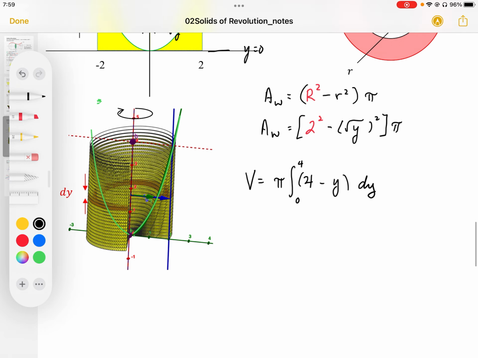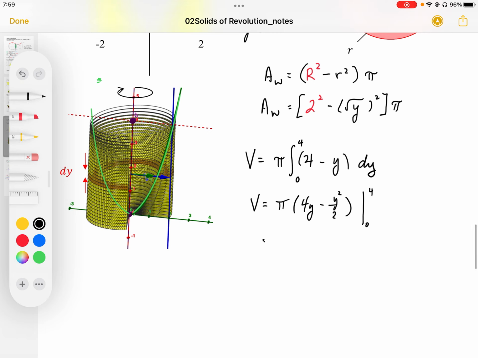Now at this point we can easily anti-differentiate this and work out the volume. So we end up with 4y minus y squared over 2, with bounds from 0 to 4. And then typing that all in, we end up with 16 minus 16 over 2, which is 8.